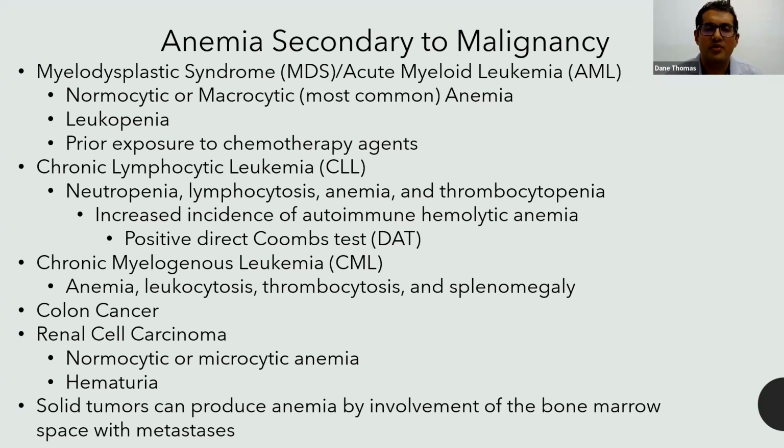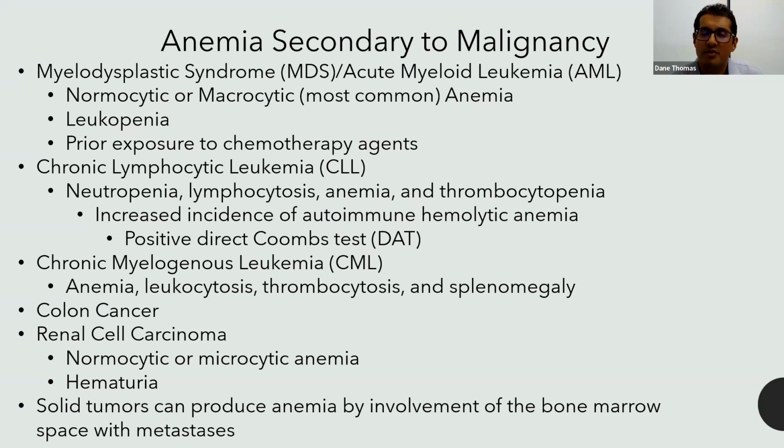Chronic lymphocytic leukemia, or CLL, can show up as neutropenia, lymphocytosis, anemia, and thrombocytopenia. There is an increased incidence of autoimmune hemolytic anemia in these patients, which can result in a positive direct Coombs test. Chronic myelogenous leukemia, or CML, can present as anemia, leukocytosis, thrombocytosis, and splenomegaly.